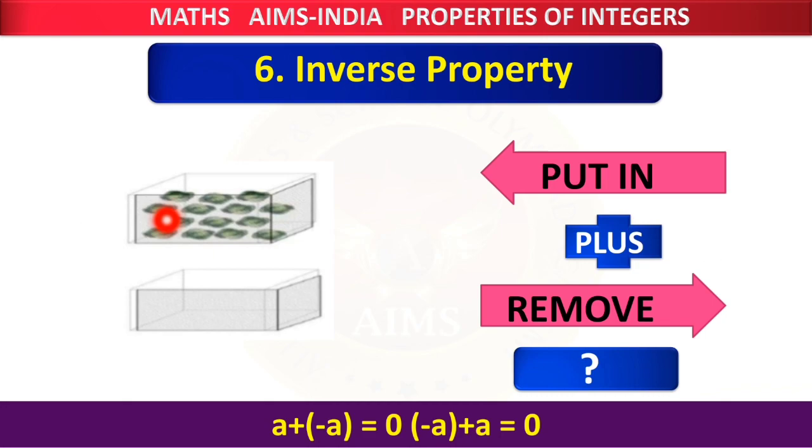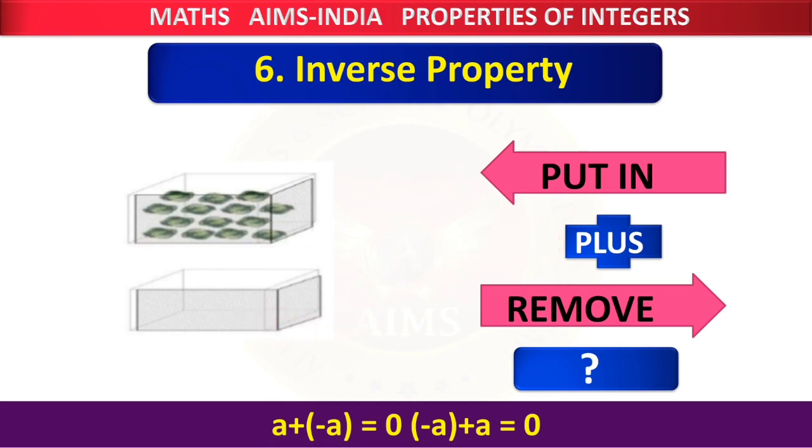What does inverse mean? Inverse means the reverse. For example, here what I did, I put some leaves in this box, and then I removed all those leaves from the box. When I put in and remove the same number of leaves from a box, what will my answer be?